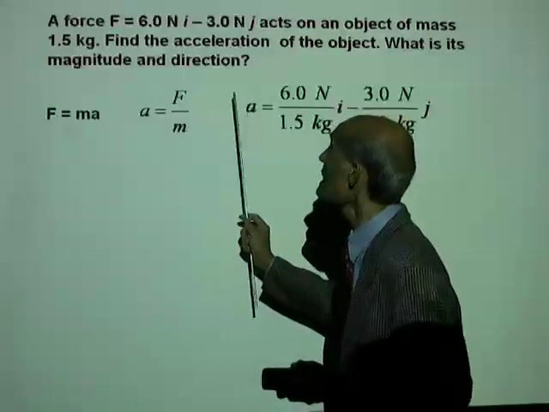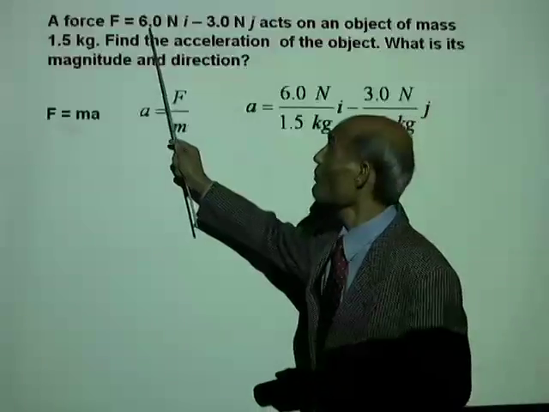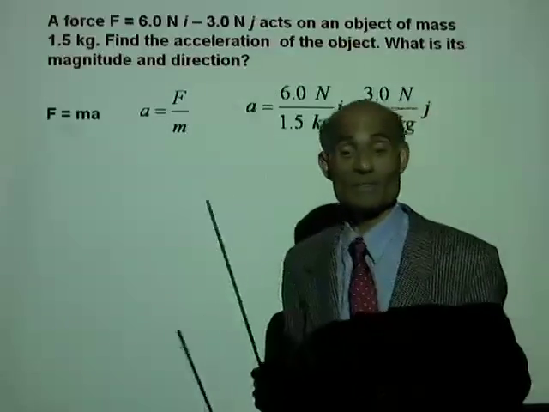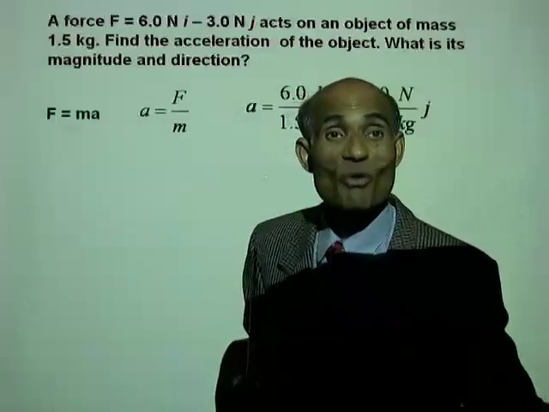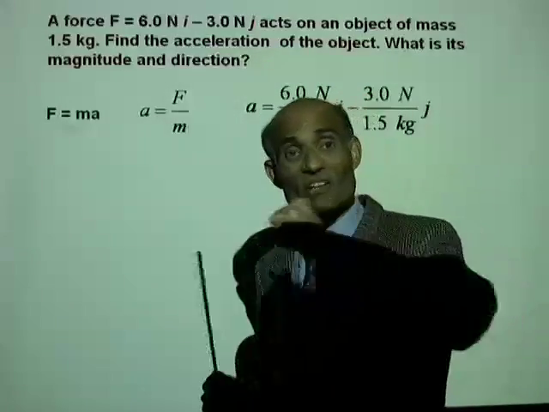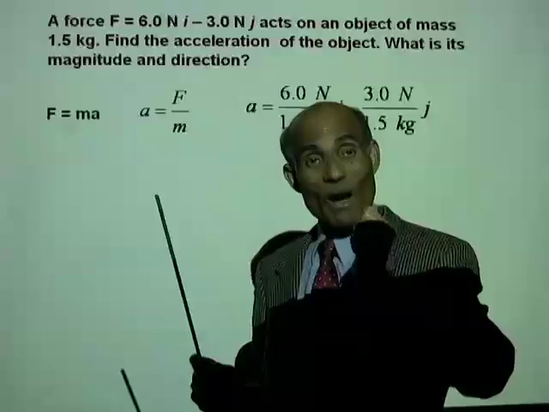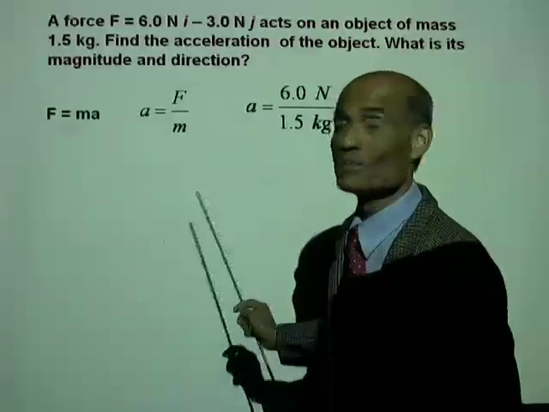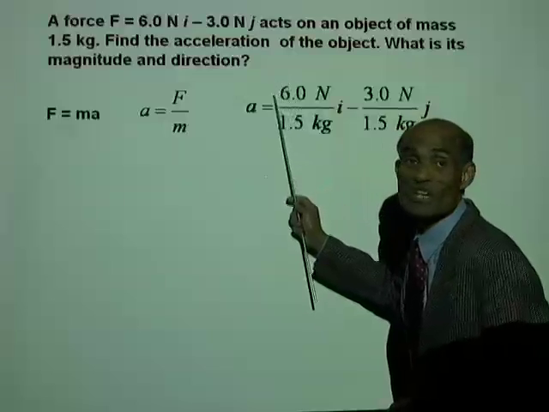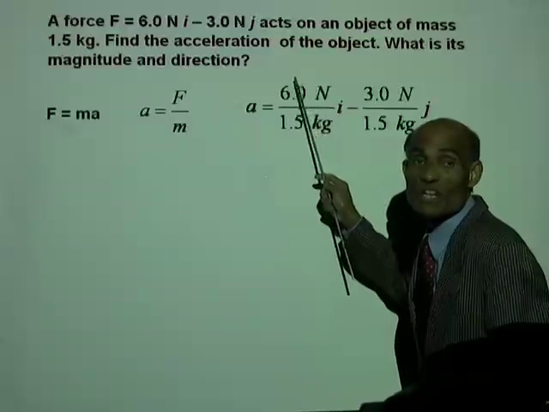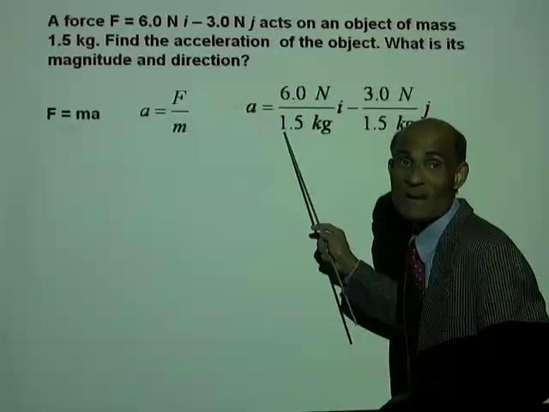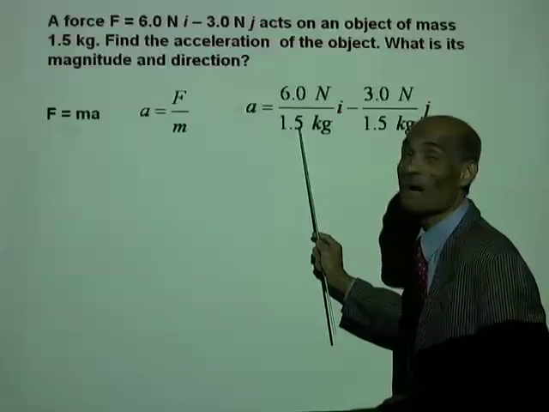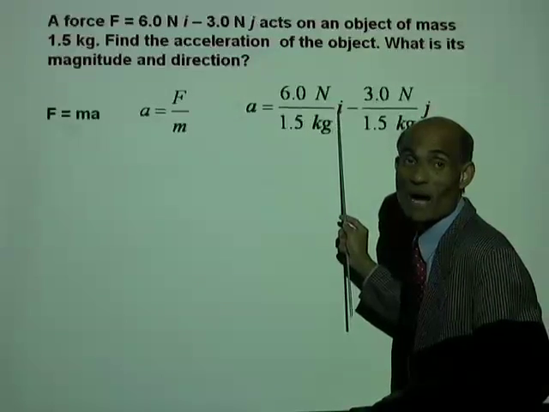Therefore, acceleration is, you notice that the force has an x component and a y component. The x component of the force will produce an x acceleration. The y component of the force will produce a y acceleration. So, the acceleration in the x direction will be the x force divided by the mass. That is 6 Newton divided by 1.5 kilogram i.